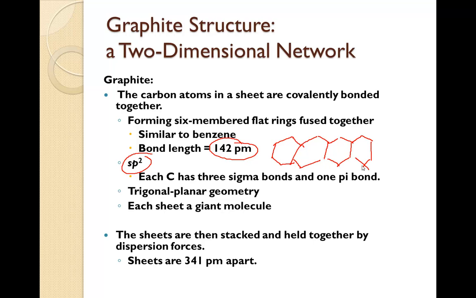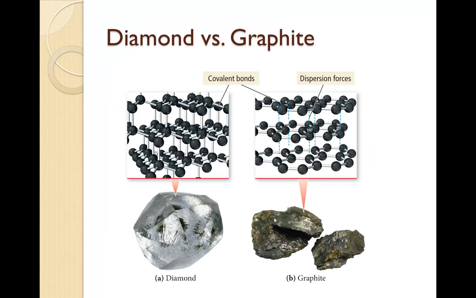The sheets are then stacked and held together by dispersion forces, which, as you may remember, are the weakest of the intermolecular forces. Sheets are 341 picometers apart, so the bond length is 142. The sheets are over twice the distance between them. So here we have the graphite.